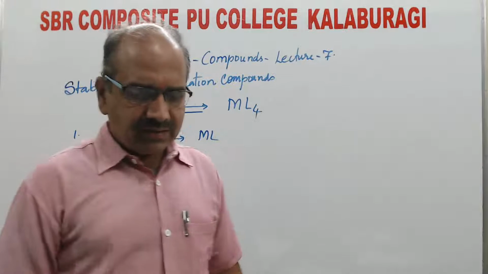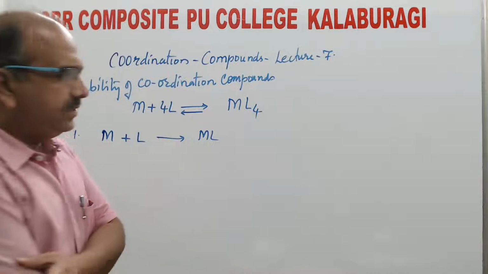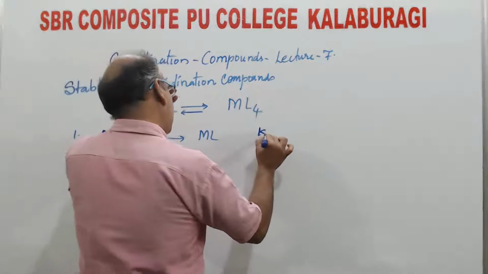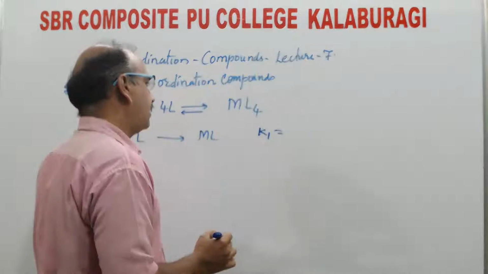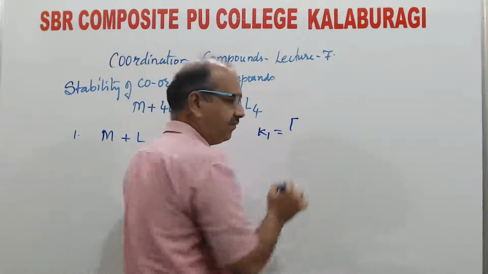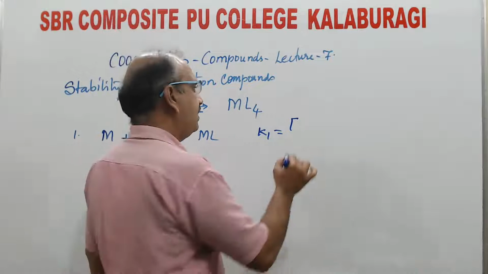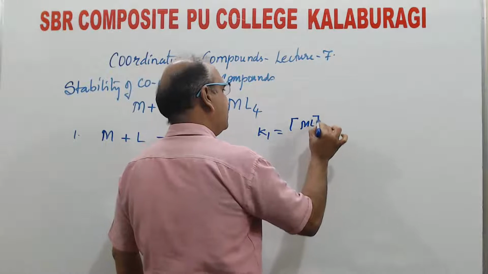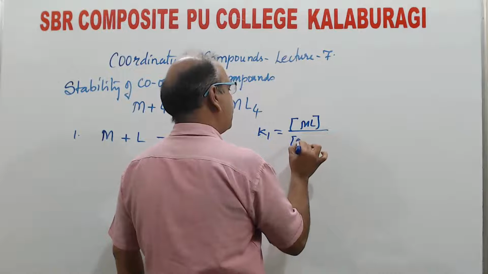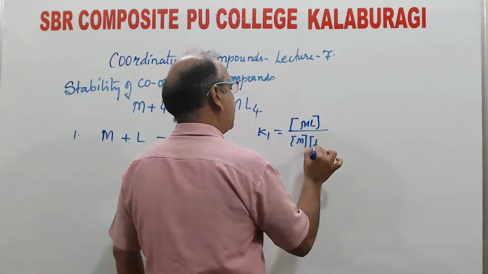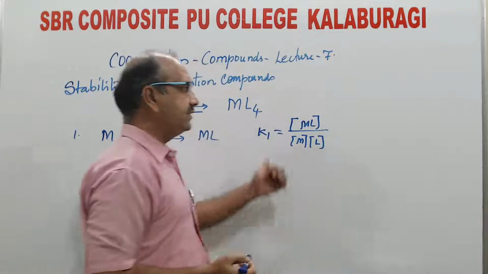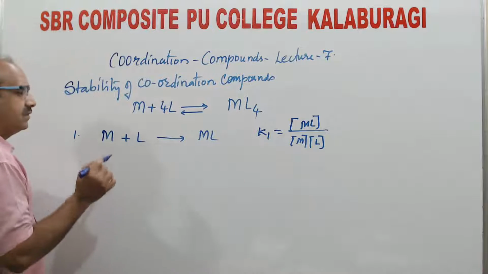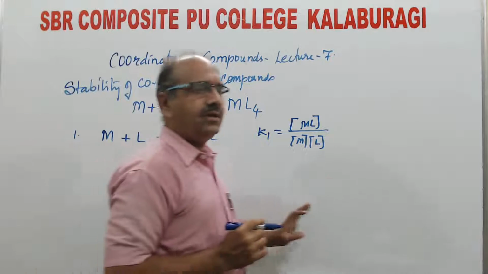Here the stability constant is K1, given by the molar concentration of ML, the product, divided by the molar concentration of metal into the molar concentration of ligand. So ML is formed in the first step.